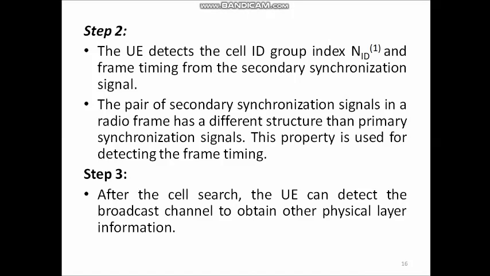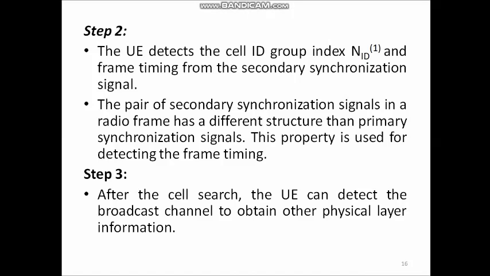So, this structural difference in the frame can be used for detecting the frame timing, because the structures of the secondary and primary synchronization signals are different. So, this property is used for detecting the frame timing.